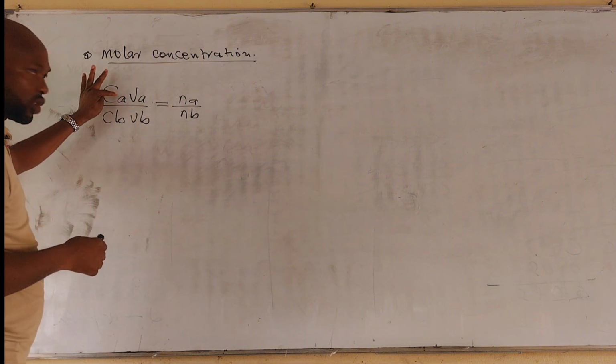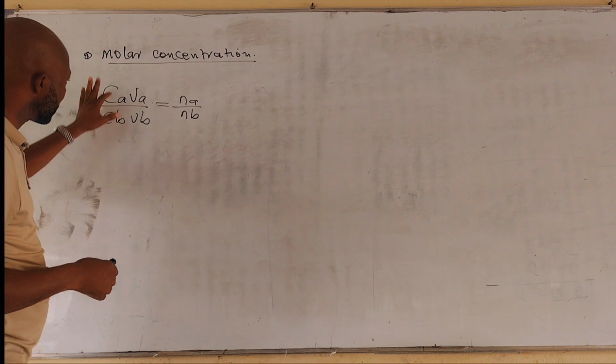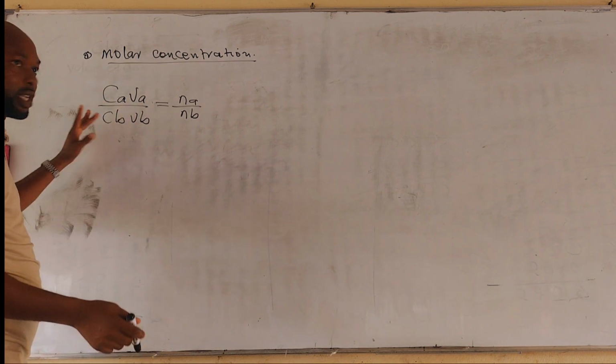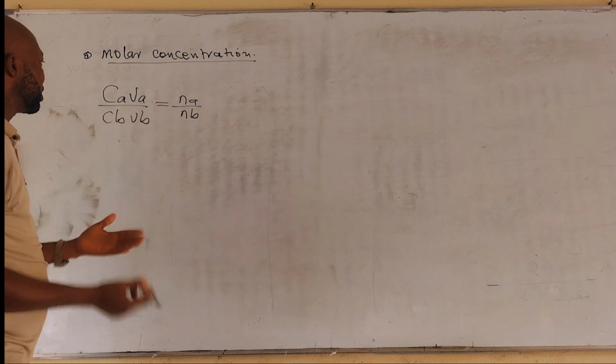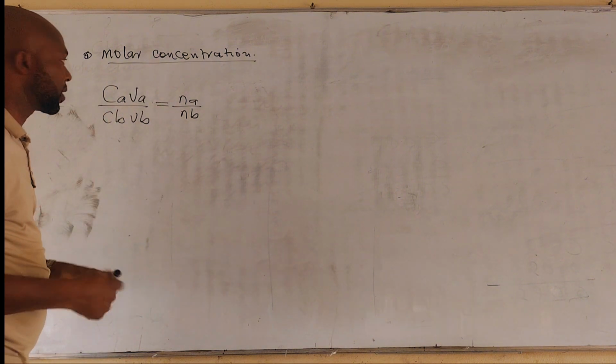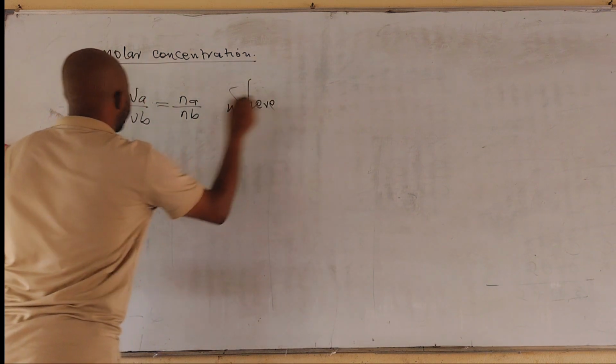Here is CA, concentration of the acid. Here is concentration of the base. So technically, you may be looking for this or this whenever you're using this formula, and make the subject of whatever you want. All right. Let's look at what all these things mean.